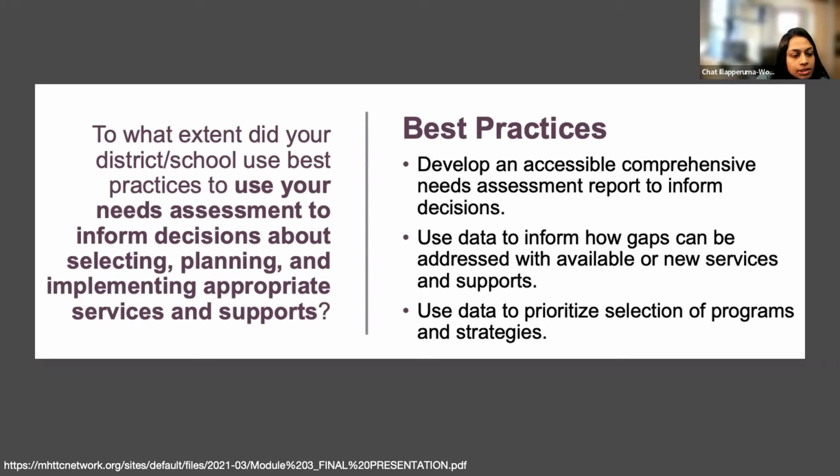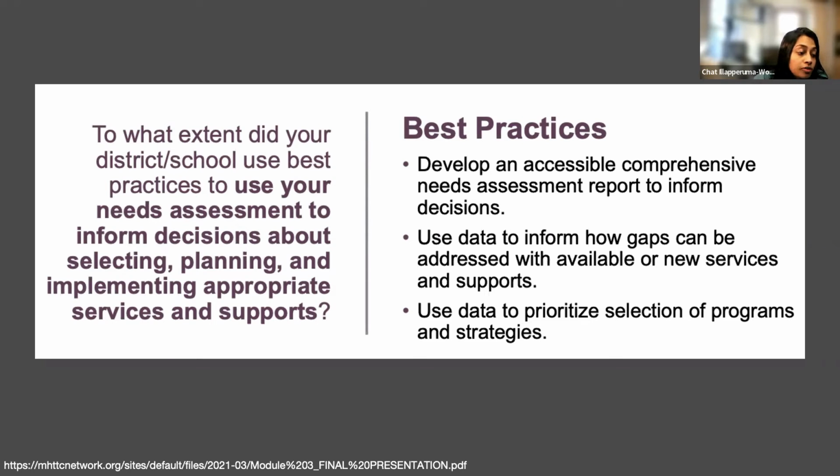The next one is use the needs assessment data to prioritize what selections and strategies best meet the needs of your school. Again, there may be so many needs that come up as a result of this needs assessment. While it's all of our intentions to address all of these needs, sometimes that may not be the most feasible way to go.